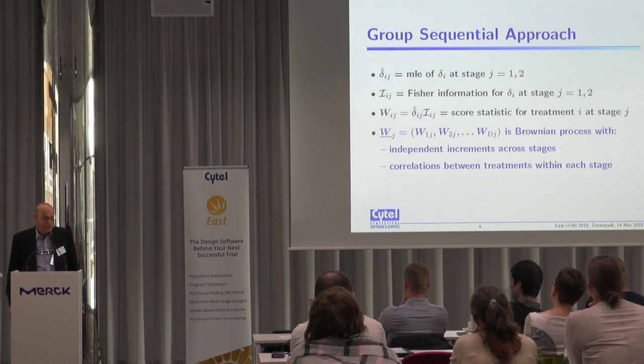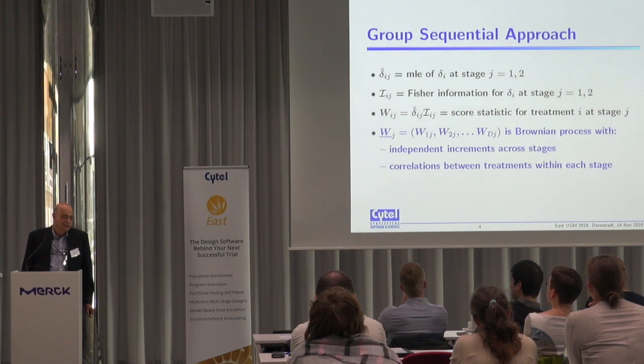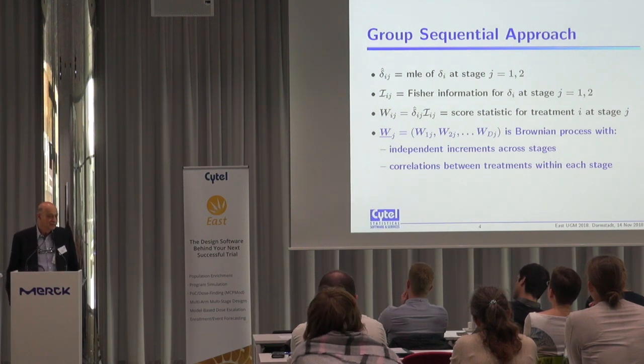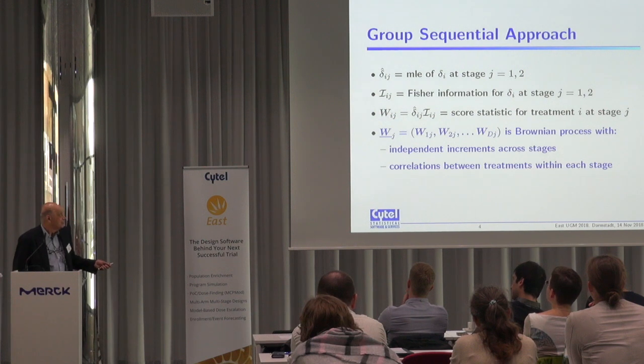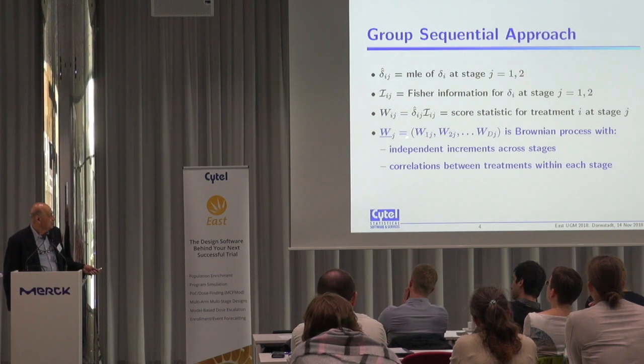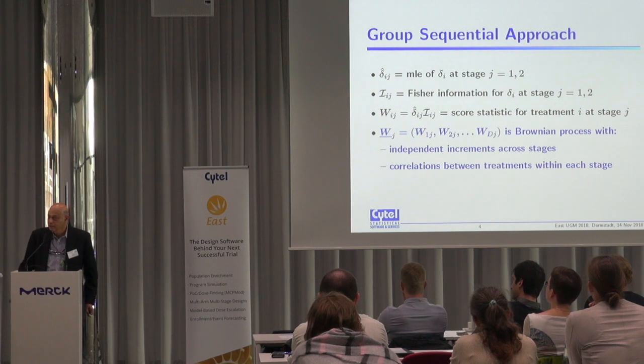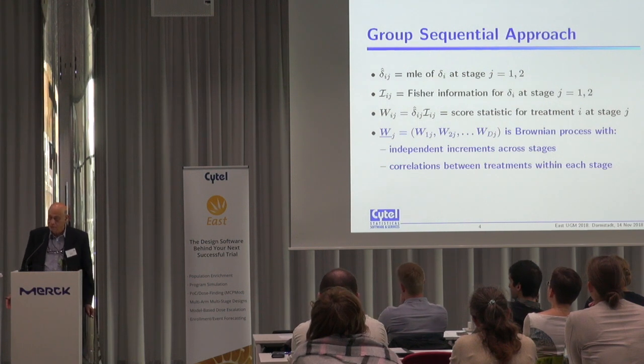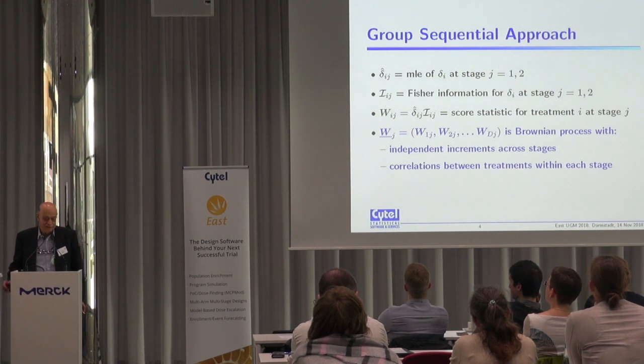We can show that it has independent increments across stages. But within a stage, that's the difference between the usual two-arm group sequential design and the multi-arm, within a stage, these Ws are all correlated because they're all being compared to a common control. And that correlation is known. It depends on the sample sizes, essentially.